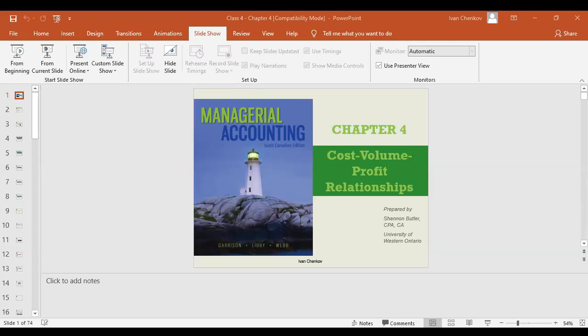So the question that you asked me before: once I see this information, can I go to the unit level and get contribution margin per unit? Yes, you can calculate the contribution margin per unit. So how much is my contribution margin per unit then?